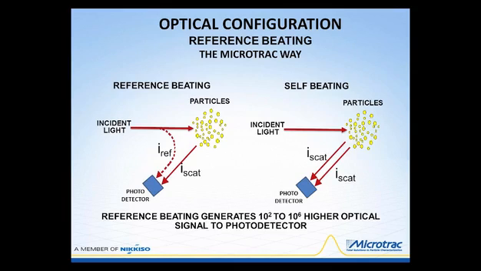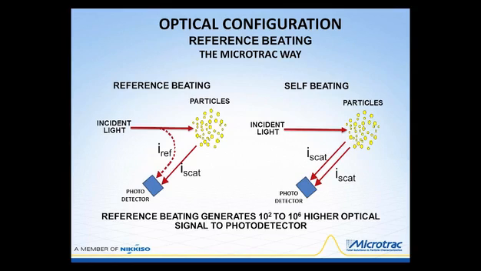This is called reference beating. Beating, because these two beams will now interfere with each other and give us a signal that has the information of the moving particles.